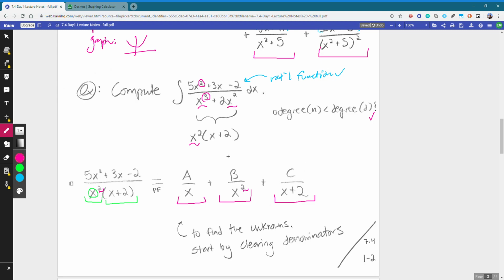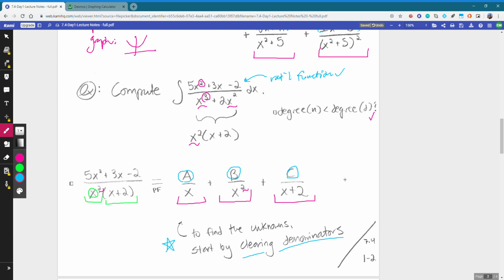So here's how partial fractions says our rational function will break up. Our job now is to just go ahead and find these unknowns. We need to figure out what A, B, and C are so that this entire right-hand side of the equation is known. And so if we want to do that, the first step is to clear denominators. No one likes thinking about fractions if we don't want to, and so let's start just by getting rid of these.